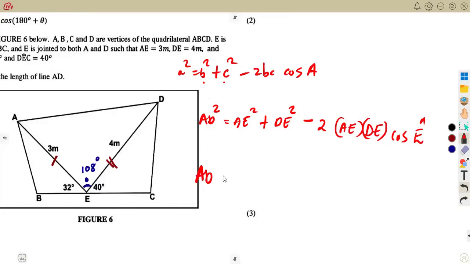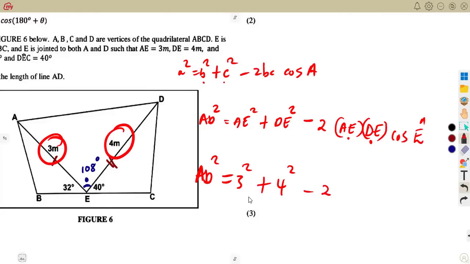Substitute, because you understand that one. So you're going to substitute our AE, that is 3 squared, plus DE, which is 4 squared, minus 2 times those sides B and C. So it's 2 times 3 times 4 times the cos of the included angle, which is 108.